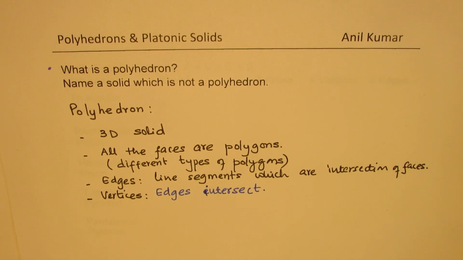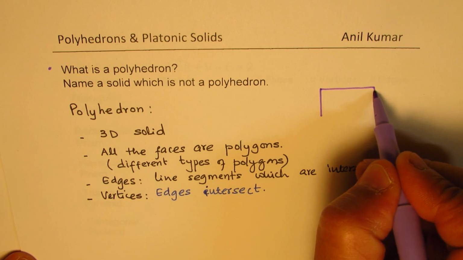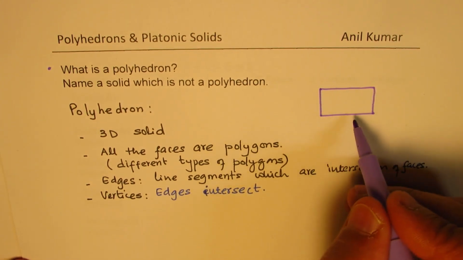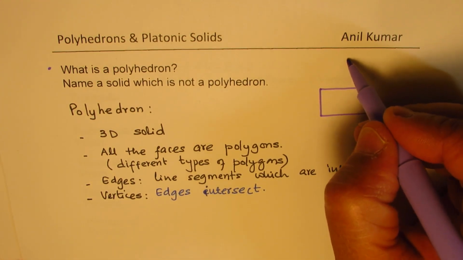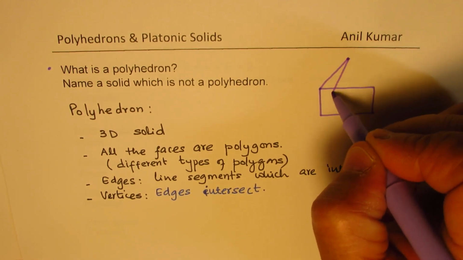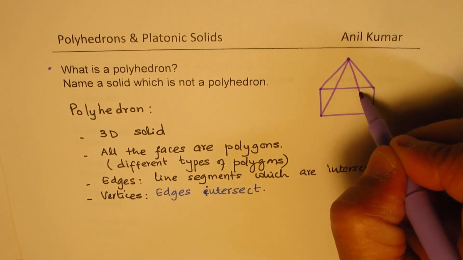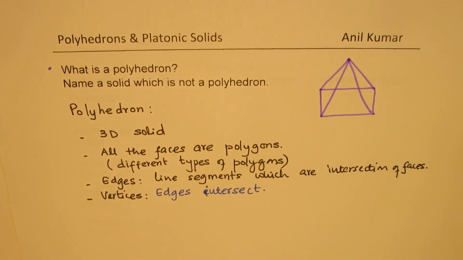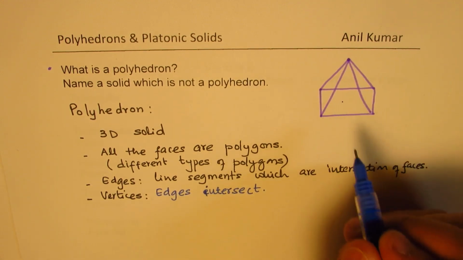So to give you an example, let's take a rectangular shape, right? Now this rectangle is a polygon, right? So if we have a vertex here and we can join this with different vertices, we get a shape here. Now this particular shape is a 3D shape where we have one rectangular face.